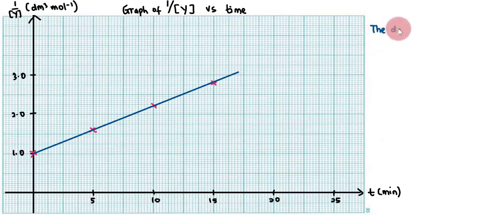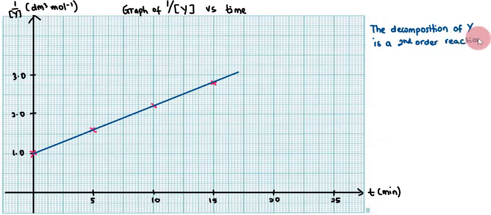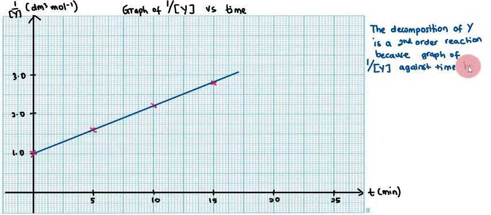The decomposition of Y is a second order reaction because graph of 1 over concentration of Y against time is a linear graph.